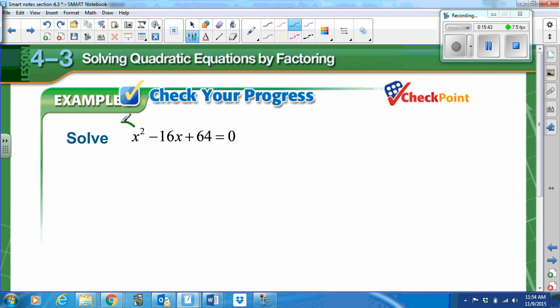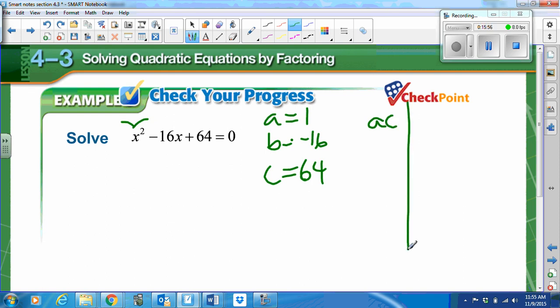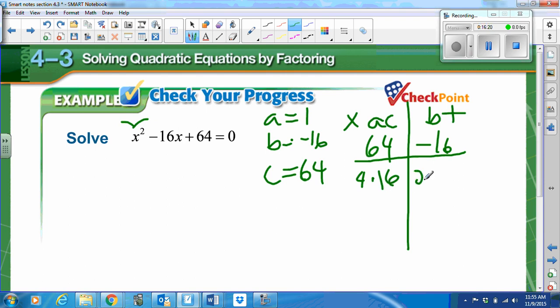And so what you're going to do is look at the first and the last terms. And so let's say A equals 1, B equals negative 16, and C equals 64. So we're going to make our chart, A times C. In this case, A times C is equal to 64, and B is negative 16. Now remember, we want things to add together to give us negative 16, and we want them to multiply together to give us AC. So if I start looking at numbers here, I can say that 4 times 16 gives us 64, but 4 plus 16 gives us 20.